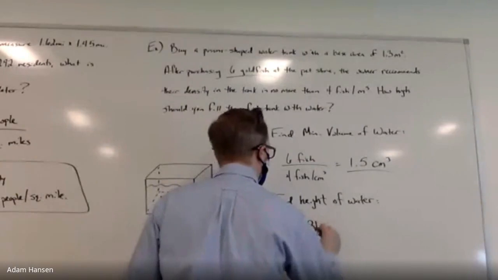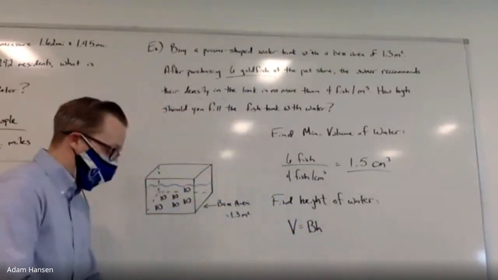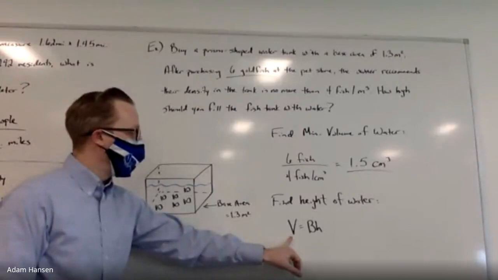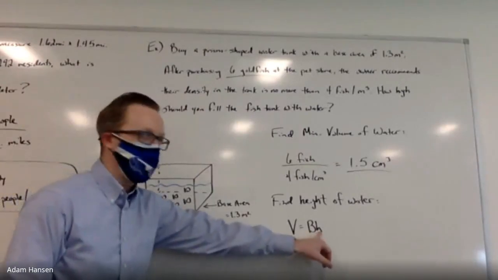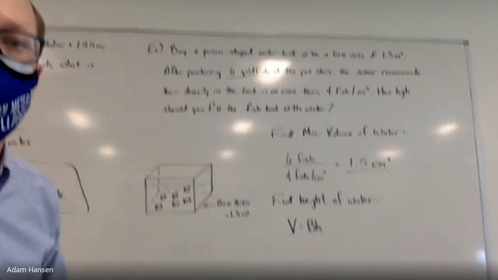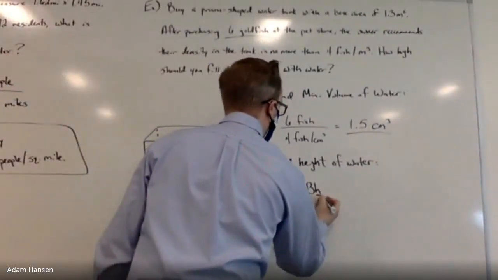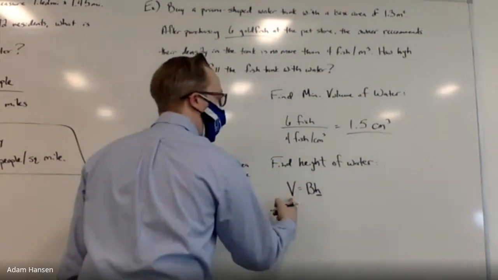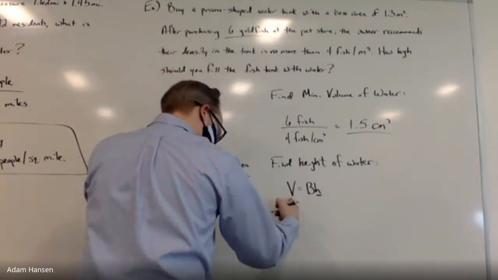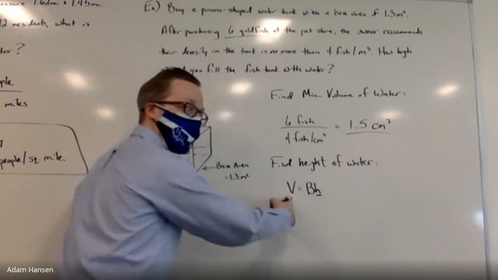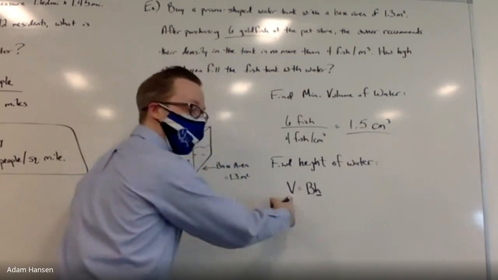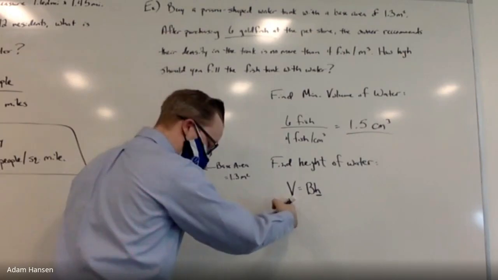Base times height, the area of the base times the height. The volume of our fish tank is the base area of the tank times the height of the water. We're trying to find the missing height when it has what volume? What's the volume of water I have to put into the tank?